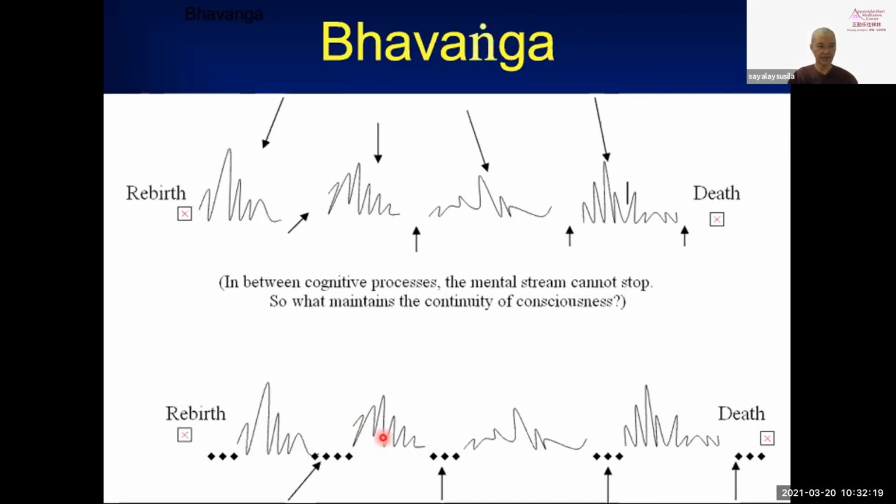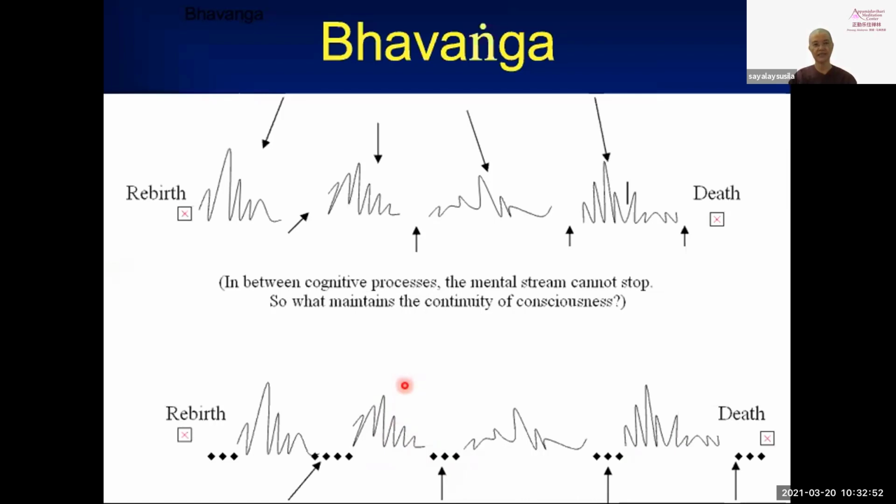If you change your mind, let's say when you are angry, you use metta to overcome your anger, then that unwholesome consciousness changes to a wholesome one. That can be changed. But resultant consciousness cannot be changed. Therefore, it's a very passive phase of consciousness. Okay, I hope you can understand the meaning of bhavanga now.